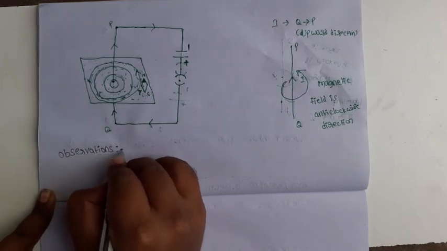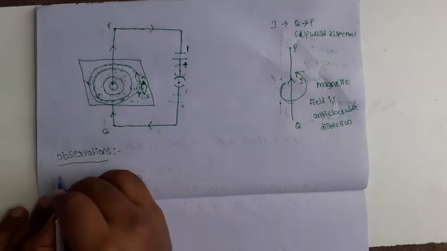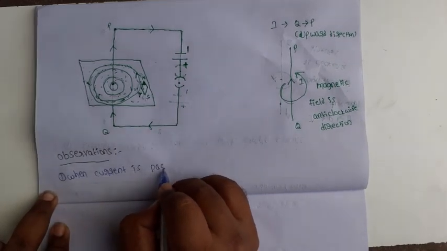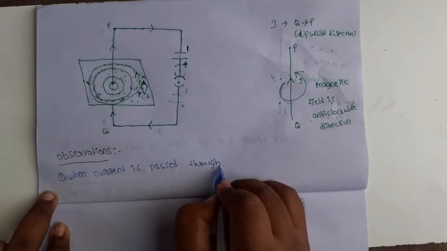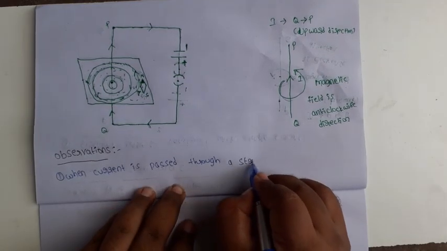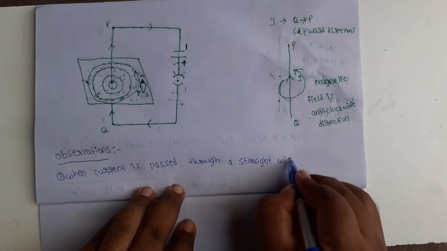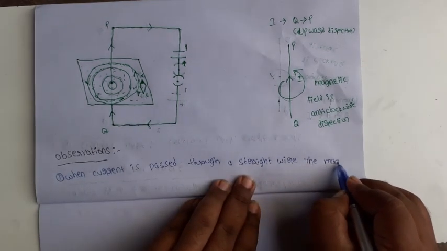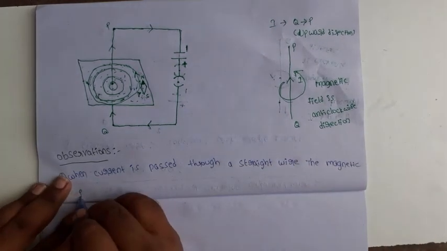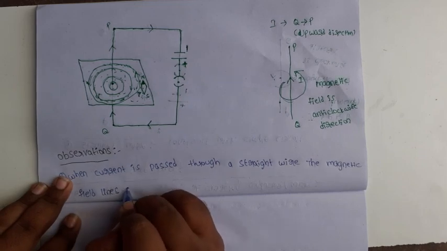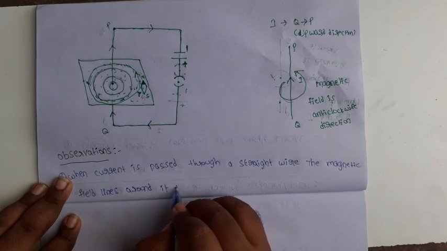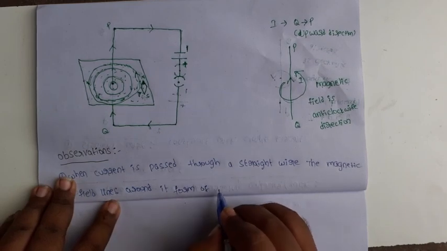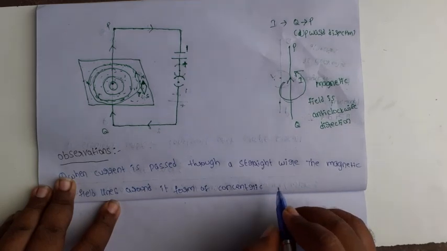The first observation is when current is passed through a straight wire or conductor, the magnetic field lines around it form concentric circles.